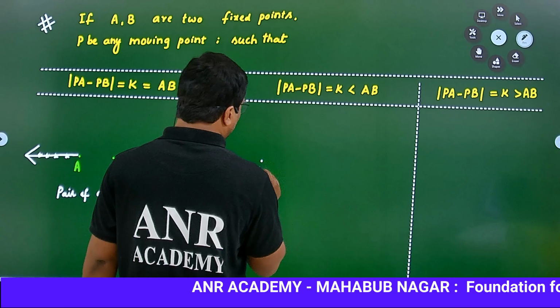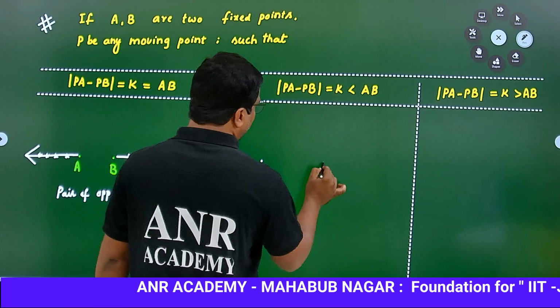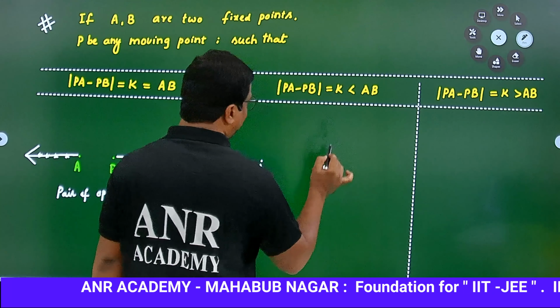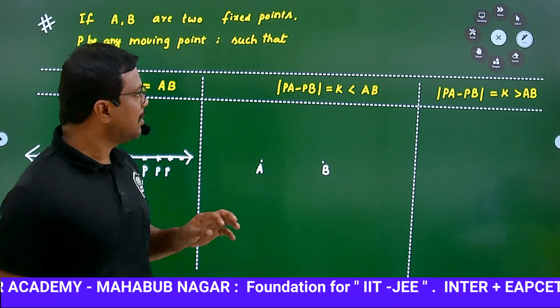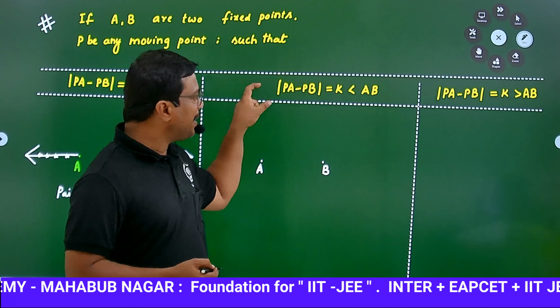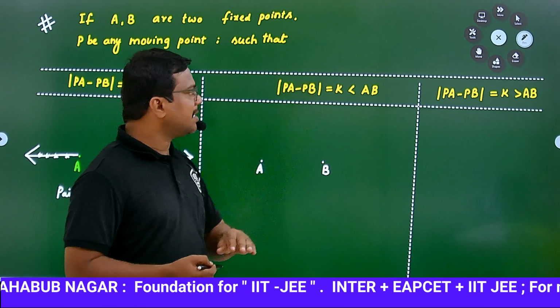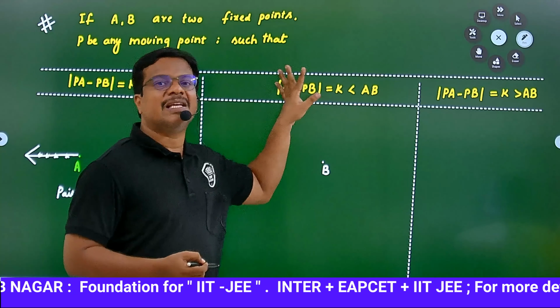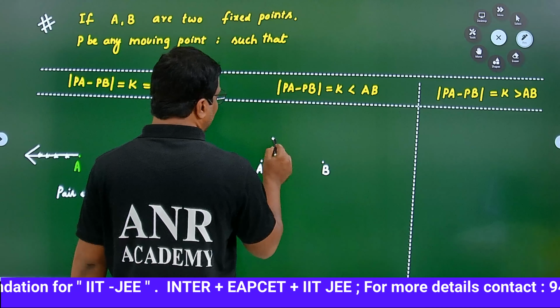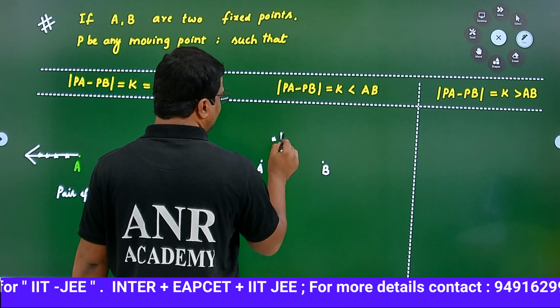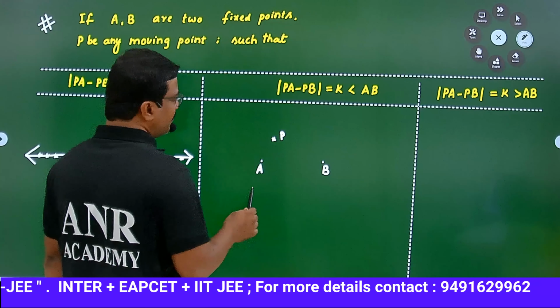Suppose that there is a point A here and another point B. Now let us select the moving points P, which satisfy the condition that their difference should be less than AB. If I select a non-collinear point here, what happens, observe.